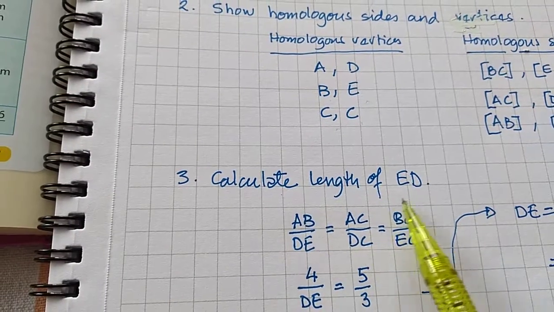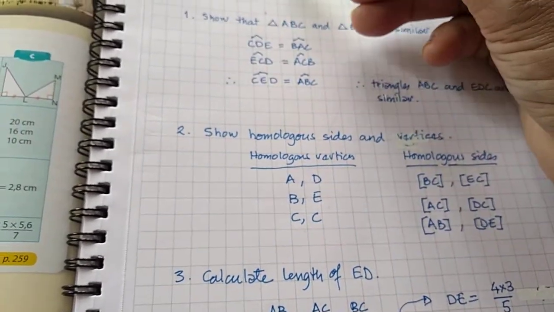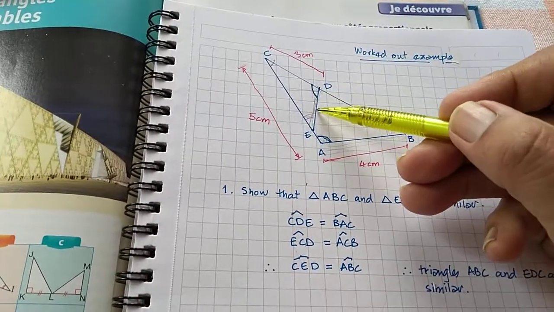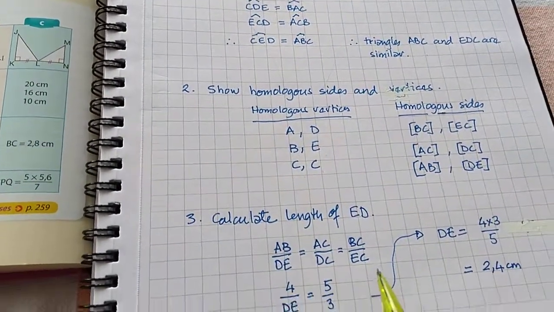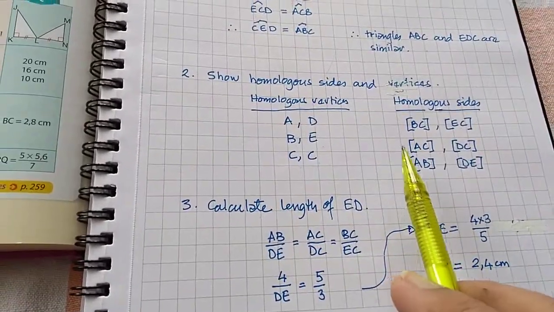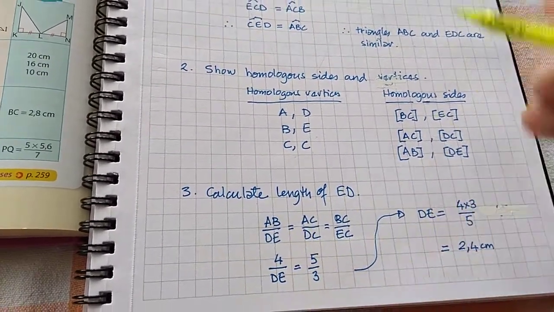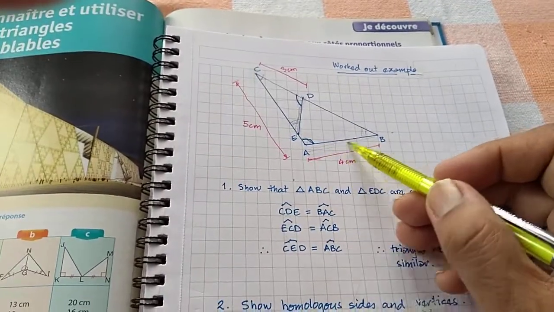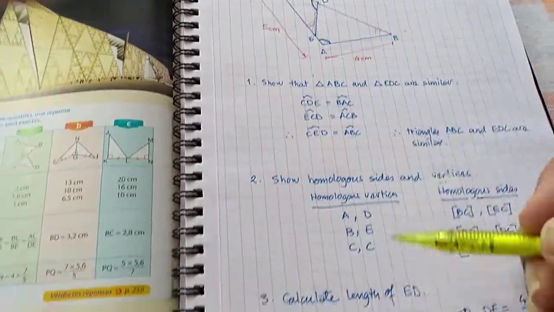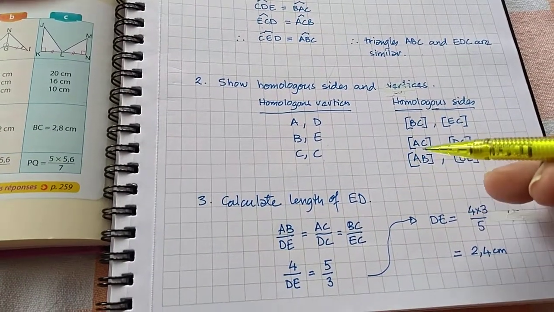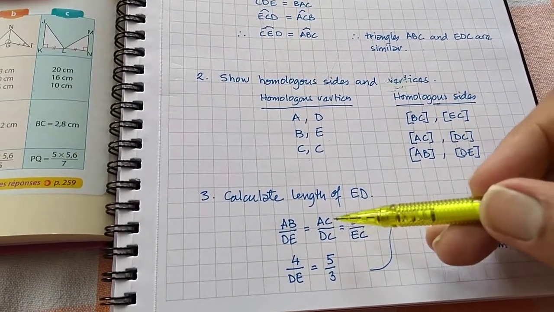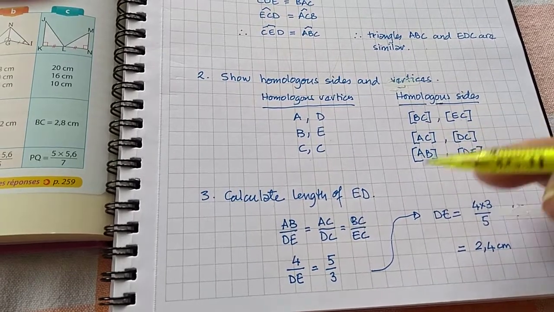And finally, the question is calculate the length of ED. ED is this. So we know in this case that the homologous sides will form a ratio AB over DE is equal to AC over DC is equal to BC over CE.